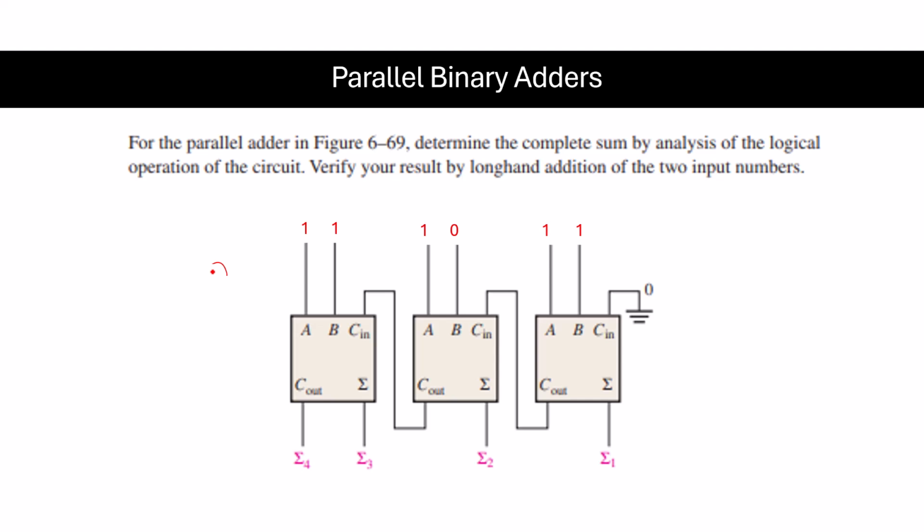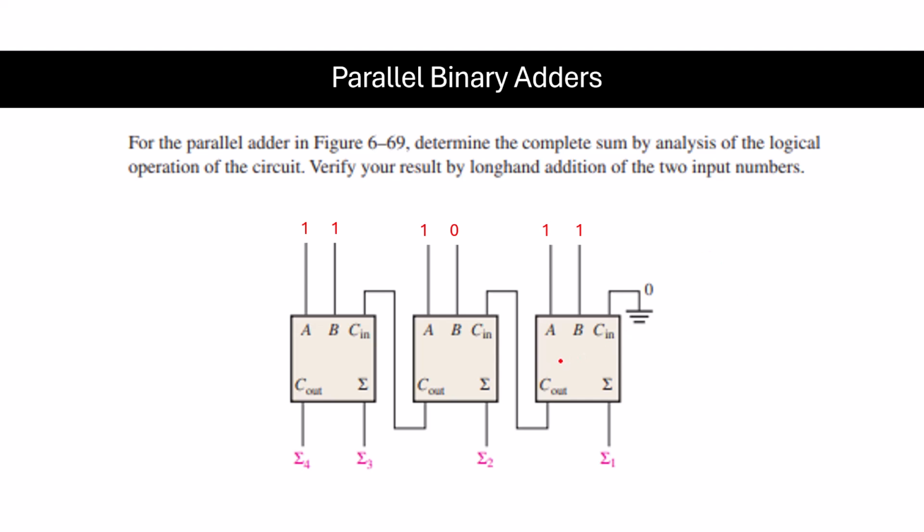Next question. For the parallel adder in figure 6-67, determine the complete sum by analysis of logical operations of the circuit. Verify your result by longhand addition of the input numbers.